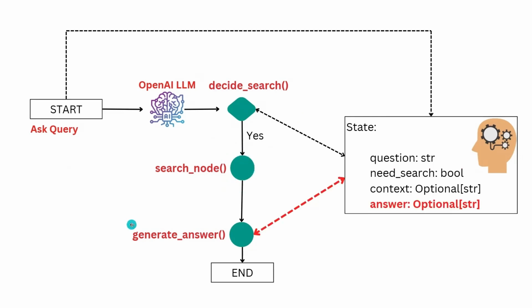Now, inside the generate answer node, our LLM will read the question from shared state and invoke the agent to provide a response. And in the final step, which is the END step, it will return the answer to the end user.